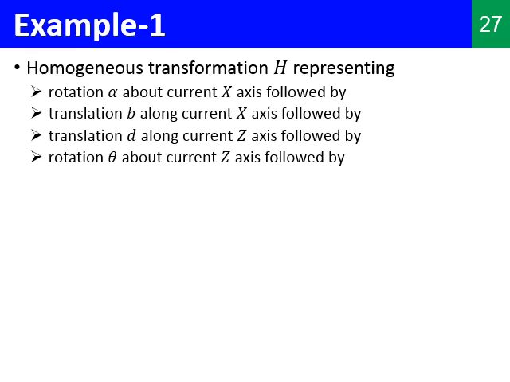So let's begin with the first one, rotation about current x-axis alpha amount, so R x alpha, followed by translation about current x-axis b amount, which is followed by a translation along current z-axis d amount, and finally we have a rotation about current z-axis theta amount.